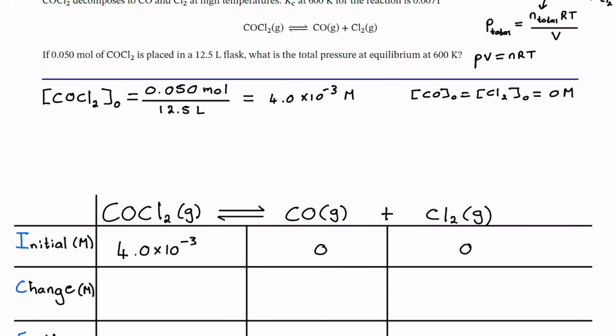Alright, so I just skipped ahead. There's the ICE table now. I've just filled in the initial concentrations for us. So our next step is to determine in which direction the initial situation proceeds towards equilibrium. And of course, the way that we always do that is by using our reaction quotient.